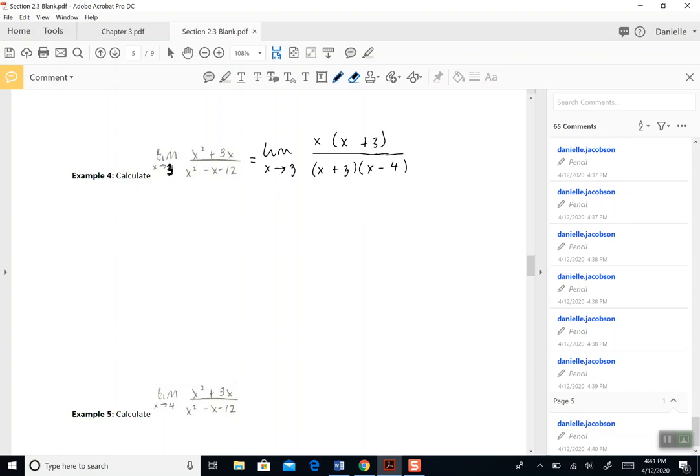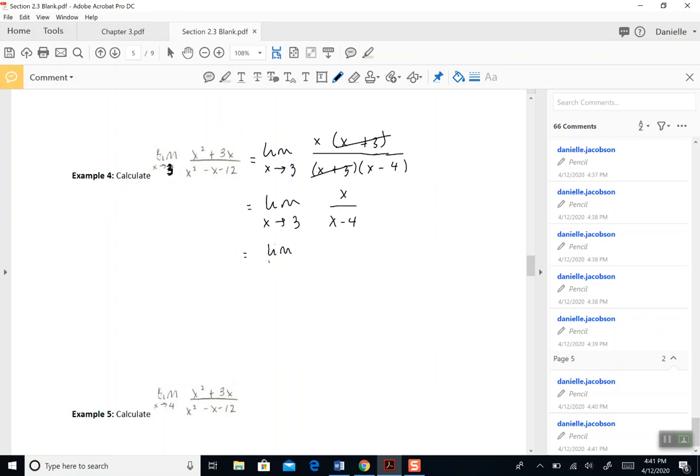All right, here we can see x plus 3 over x plus 3 divides out to 1. So we're left with the limit as x goes to 3 of x over x minus 4 by, I think it's, I can't remember which property 5 maybe, above. I know I can run this over the division.